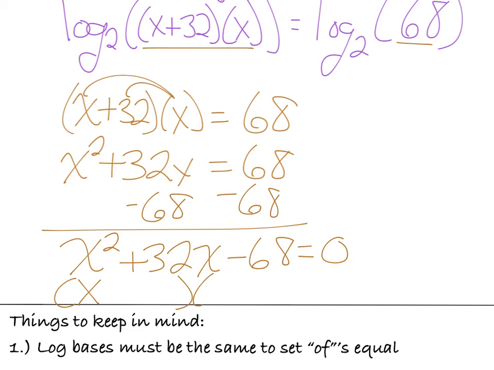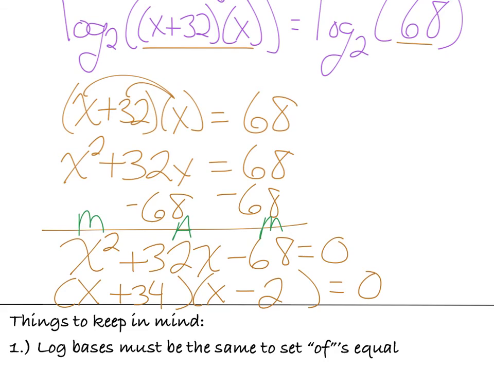So I've got my factoring all set up. I need numbers that are going to add up to 32 and multiply to negative 68, which for us is going to be positive 34 and negative 2.